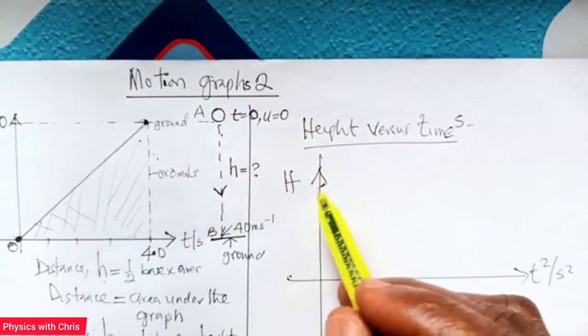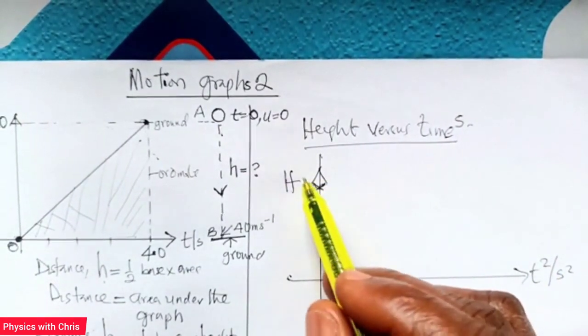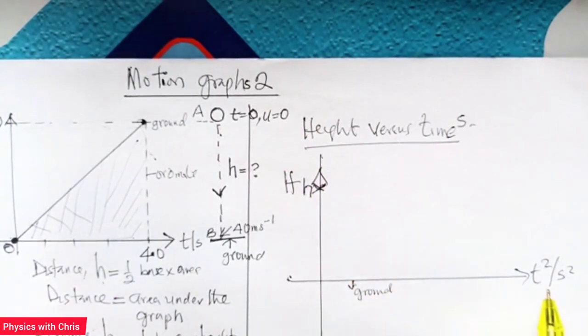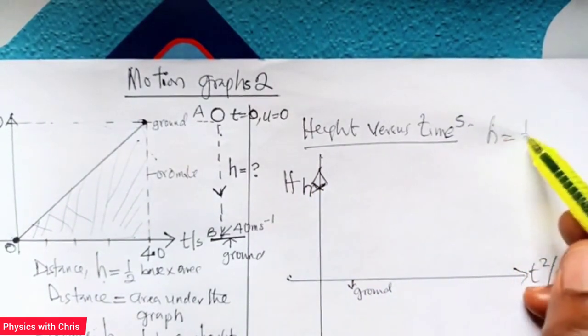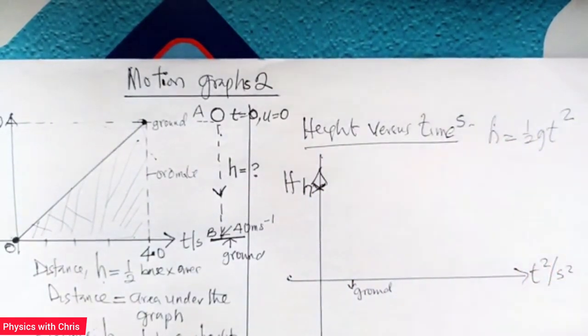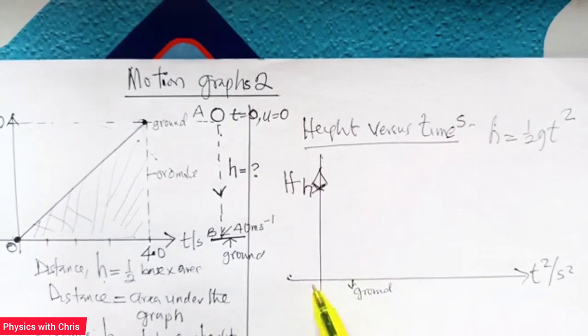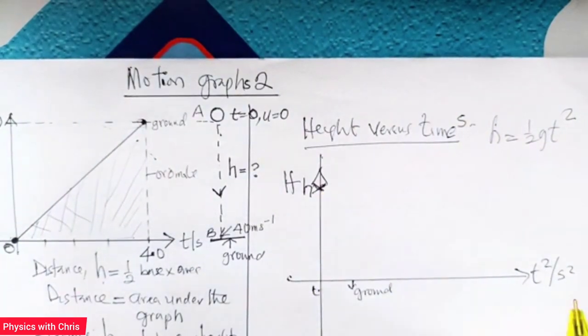Now let's say the body starts falling from this point, h meters above the ground. I take my reference axis again, the t-axis, as the ground. Now the equation is still this, meaning that I'm plotting h against t squared. So the graph will not start from the origin, because at t equal to 0, the body has some height above the ground.